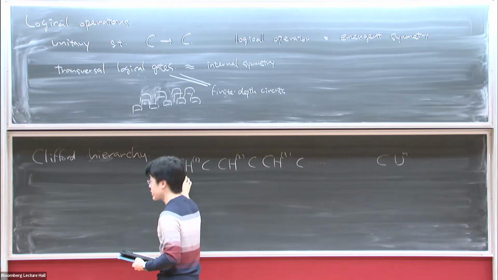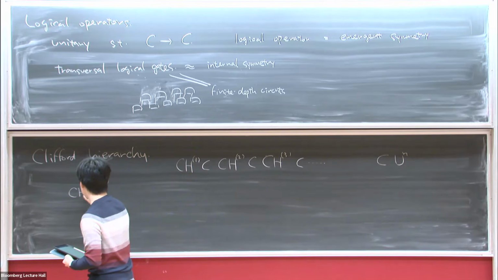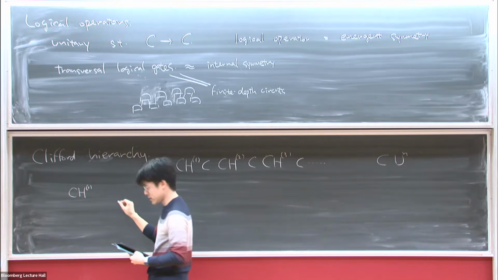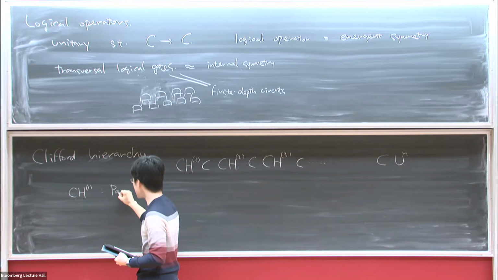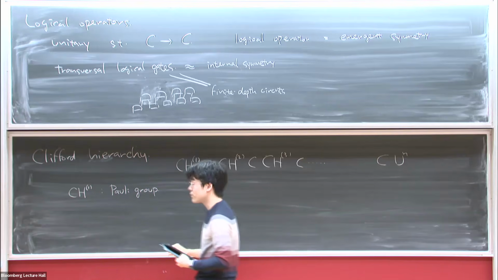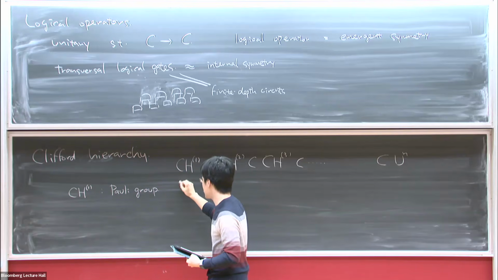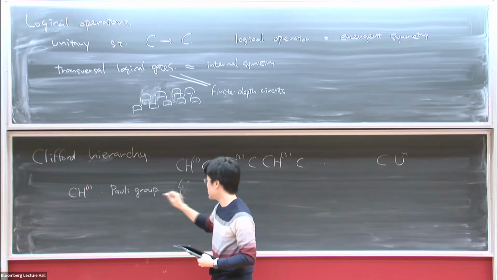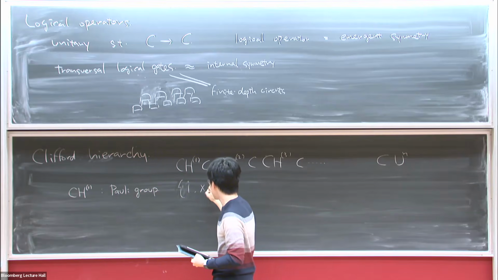The first hierarchy logical operator is just the Pauli group. This can be defined as the group generated by the on-site Pauli operators.